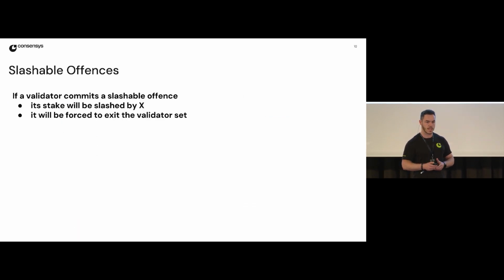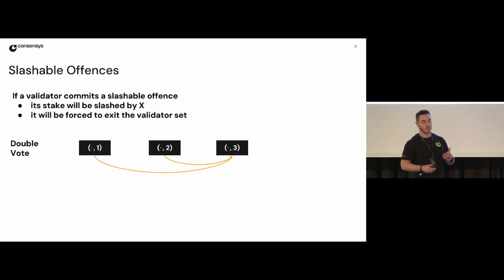So, last concept before looking at the bugs. As most of you know, the Ethereum protocol protects itself by punishing those who don't act according to the protocol. There are two major punishable offenses. One is what is called a double vote, which is when a validator votes twice for a checkpoint for the same epoch.